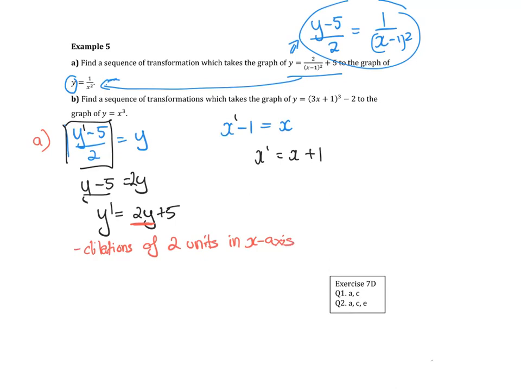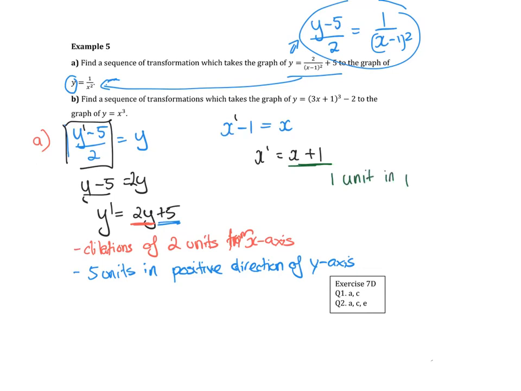Dilation of 2 units from the x-axis, sorry, even better. And then this guy, that would be 5 units in the positive direction of y-axis. Okay, this bit would have been 1 unit in the positive direction of x-axis.